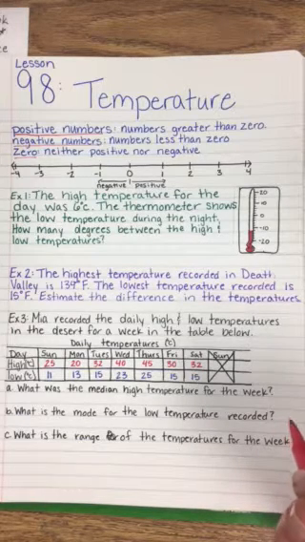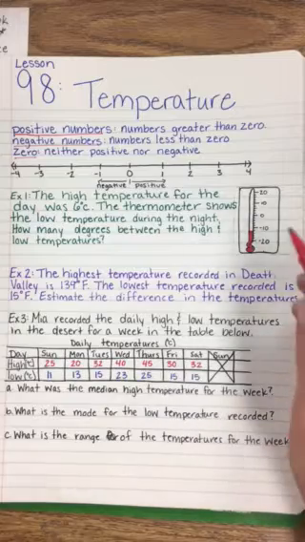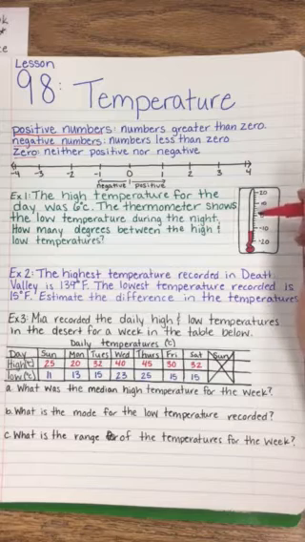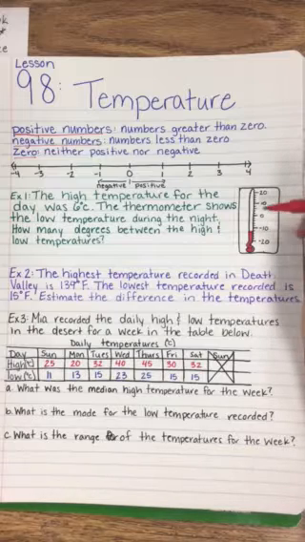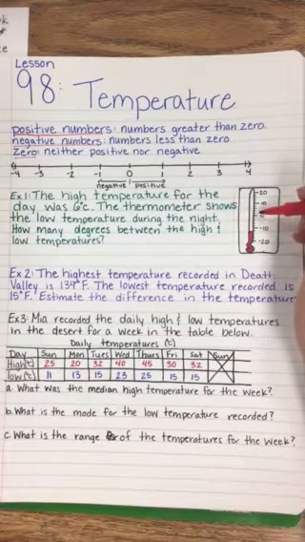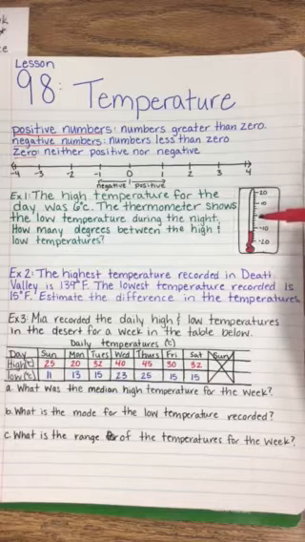So, the distance between the tick marks is 2 degrees, and you can see that because you're counting from 0 to 10: 2, 4, 6, 8, 10, or 1, 2, 3, 4, 5. There's 5 lines, so you know each one is worth 2.